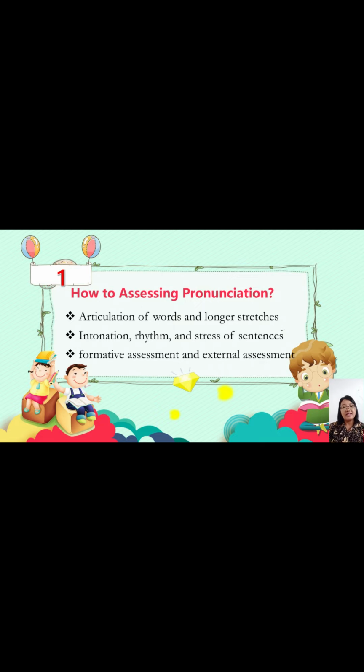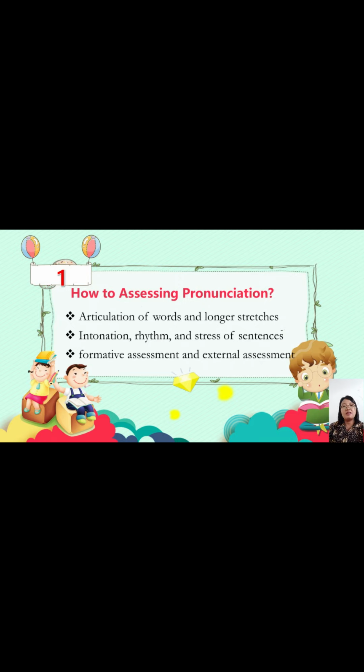Then the second thing to pay attention to is intonation, rhythm, and then the sentence stress. These factors are the main criteria for the assessment because these factors will change when combined to convey meaning in the reading. This usually makes it difficult for children to understand.